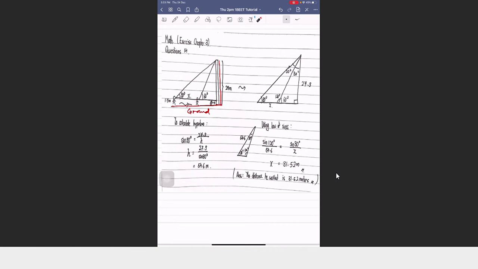Find the distance he walked towards the building. So basically what we want is this distance, this much distance.